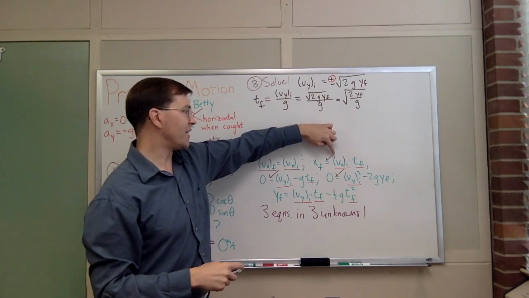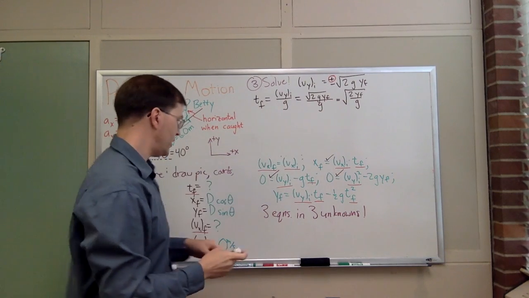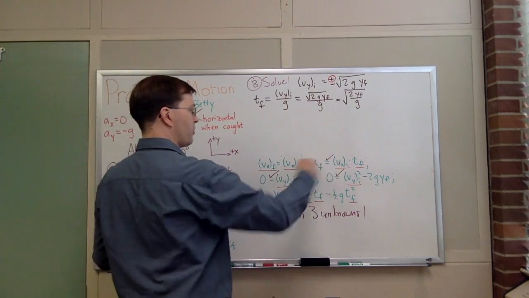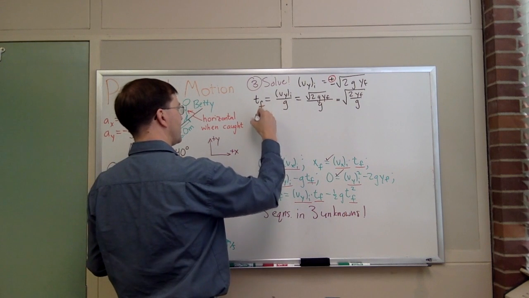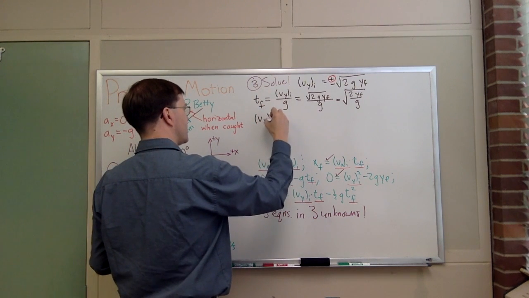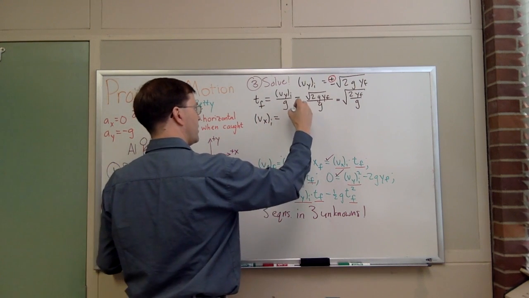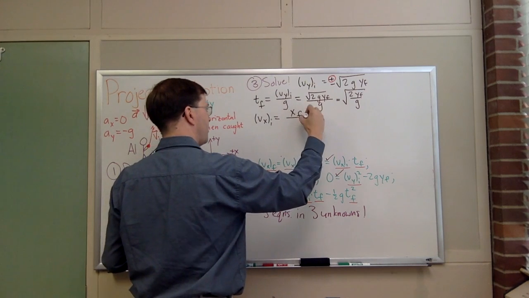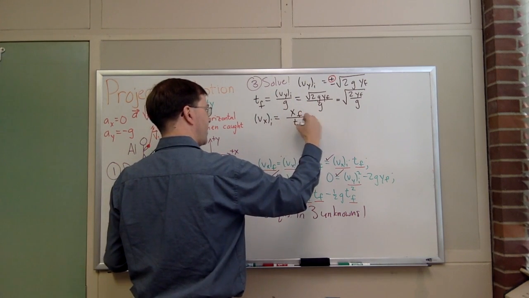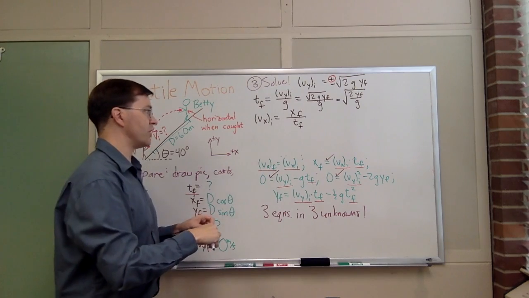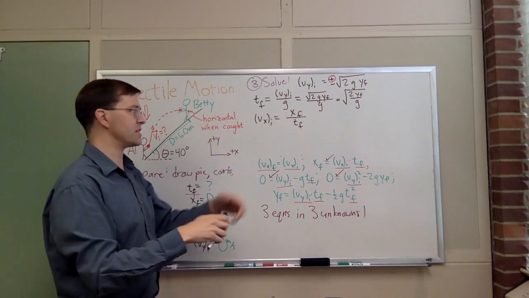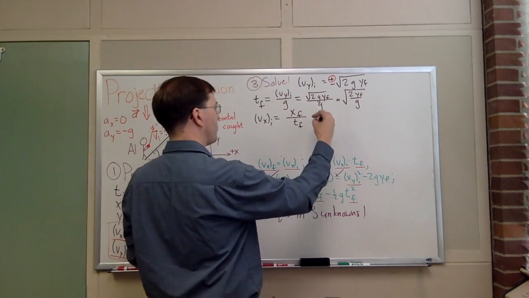Knowing T final, I can finally solve for Vx initial. And let's see what that looks like. Just divide both sides here. That tells me that Vx initial is equal to x final divided by T final, because it's constant velocity. That actually looks like change in position over change in time. So this is comforting that that's what I end up with.